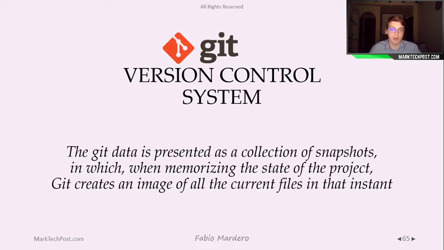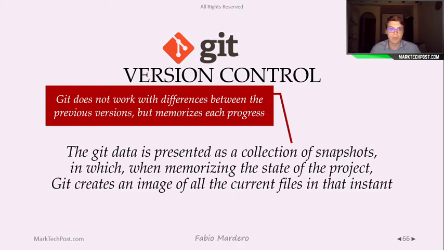It's a snapshot of all your files and what is inside them. So Git does not work with differences between the previous versions and the version we are looking at right now, but memorizes each progress. So it takes snapshots through time.